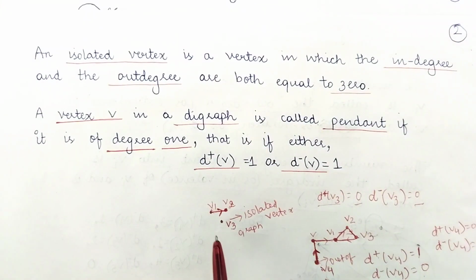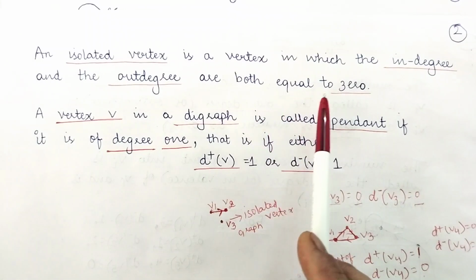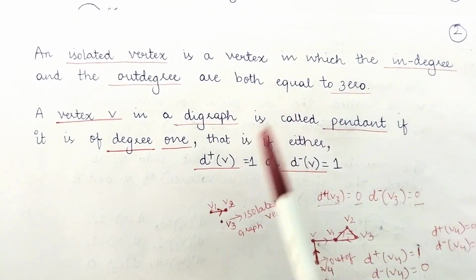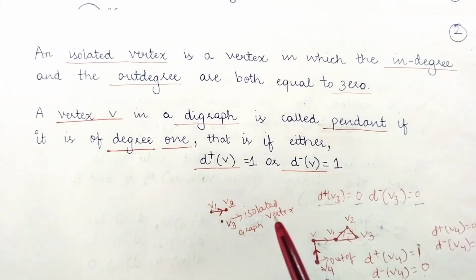Any such vertex which is isolated, that means no edge is incident upon that vertex, is an isolated vertex. So it is quite obvious that when no edge is incident on that particular vertex, there is no in degree or out degree of that vertex, right? And when there is no in degree or out degree of that vertex, obviously both the in degree and out degree of that particular vertex would be 0.